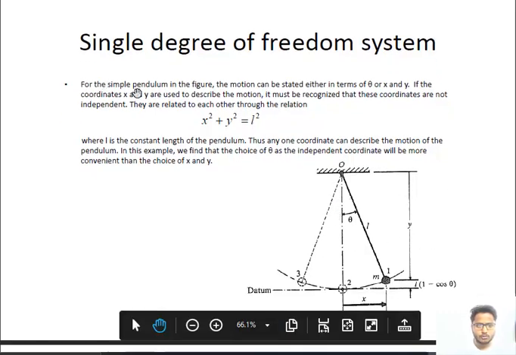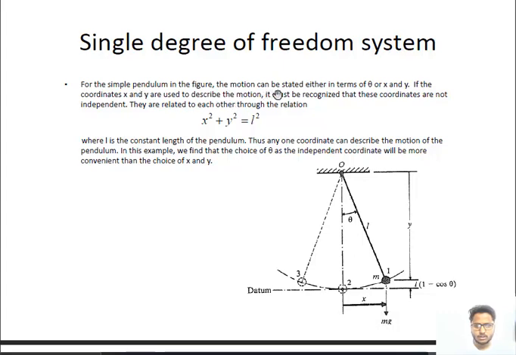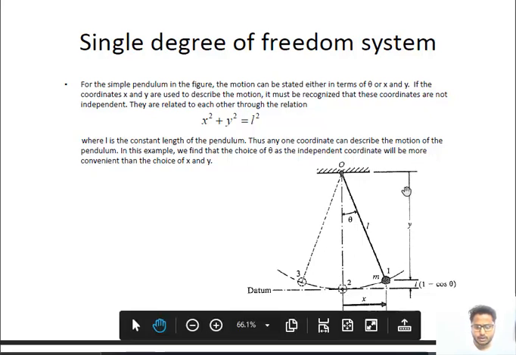For the simple pendulum in the figure, the motion can be stated either in terms of theta or x and y. If the coordinates x and y are used to describe the motion, it must be recognized that these coordinates are not independent.